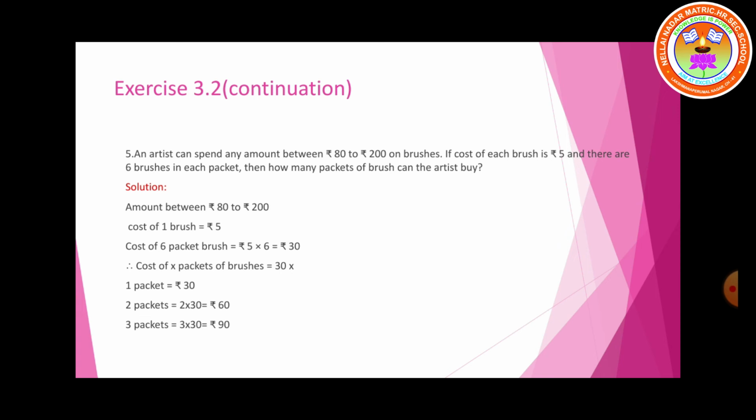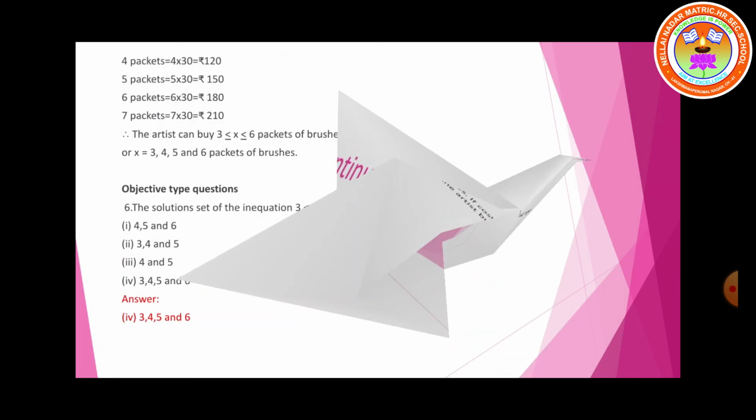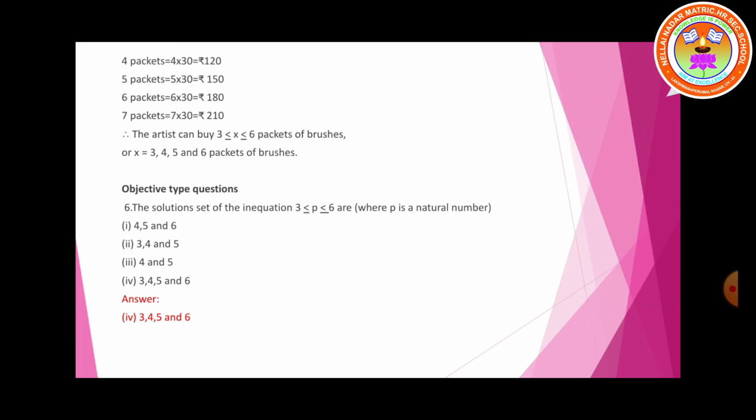Cost of x packets of brushes is equal to 30x. 1 packet 30, 2 packets 2 into 30 is 60, 3 packets 3 into 30 is rupees 90, 4 packets 4 into 30 is rupees 120, 5 packets 5 into 30 is rupees 150, 6 packets 6 into 30 is rupees 180, 7 packets is 7 into 30 is rupees 210.